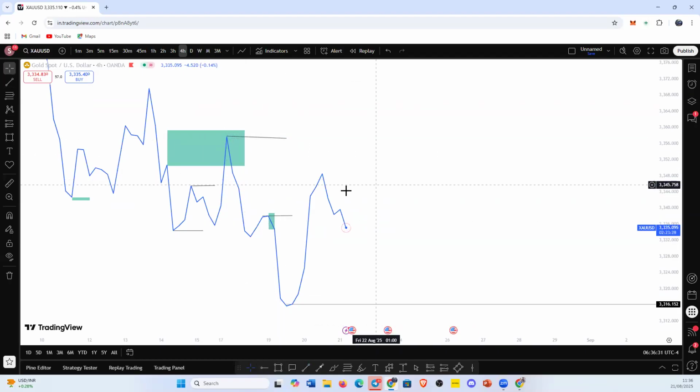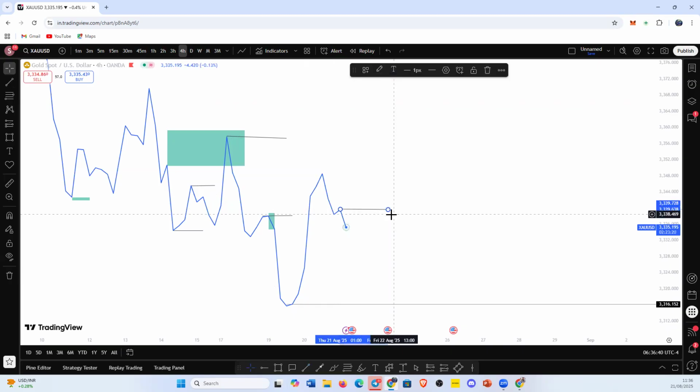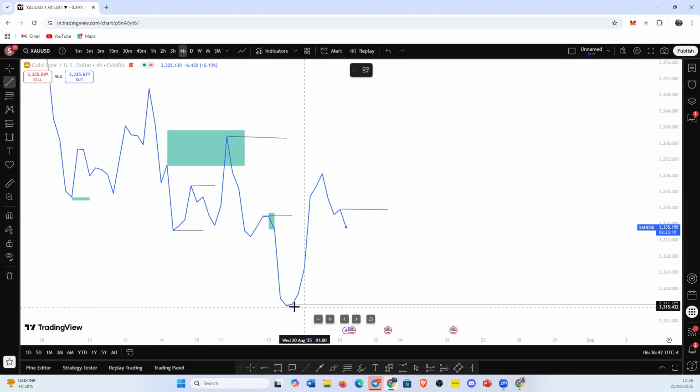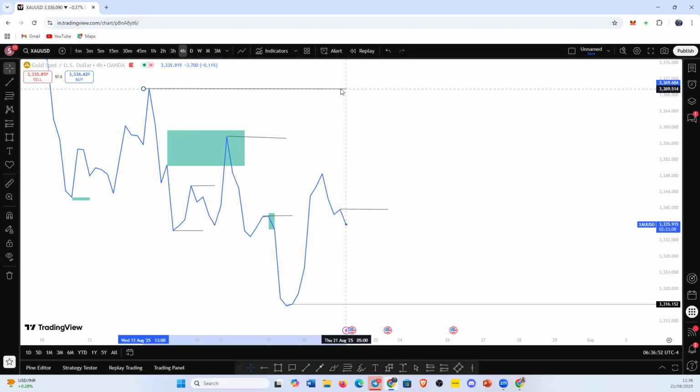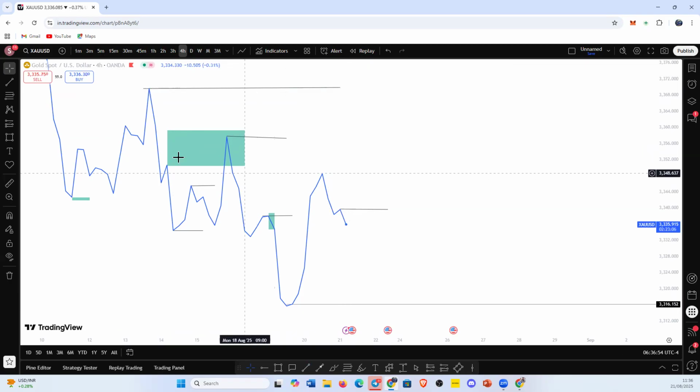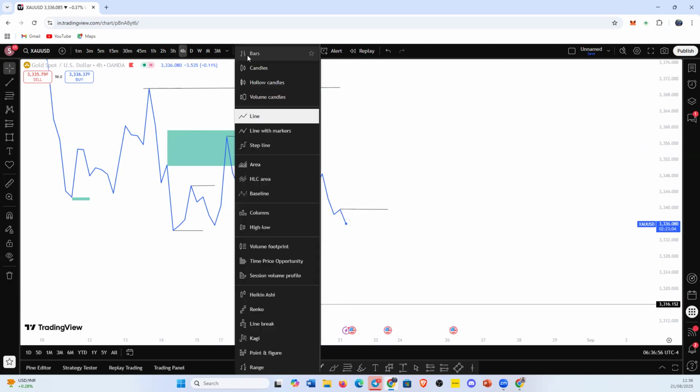This classic SNR. That might be here. This also is a classic SNR level. This also, yeah, this is marked already. I marked this one. And gold, this is a classic SNR level. Let's go back to our candle.